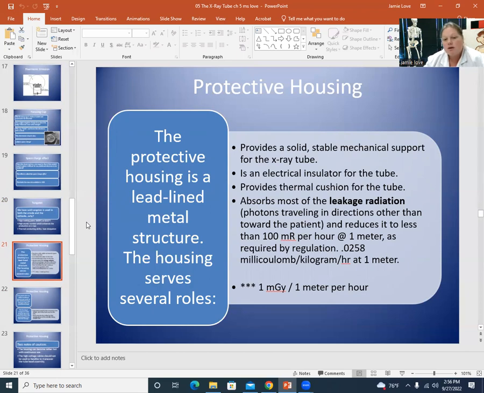per hour at 1 meter, which I starred here for you for the registry because now they're doing everything in the new system. So instead of that weird millicoulombs, we can say 1 milligray at 1 meter per hour. Woo! A lot of words there for that. When I look it up online, the 100 milliradians per hour at 1 meter is still listed by the NCRP as the recommended amount.